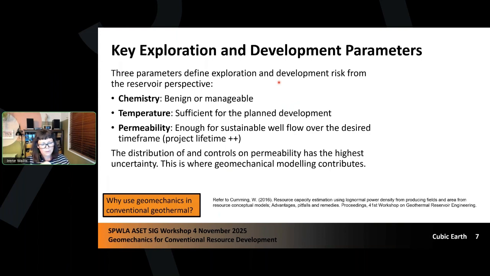So because these are dynamic systems, upflows, outflows, if you've got the permeability and you're managing the resource well through injection, you can get these really quite substantial project lifetimes. But of these risks that we're identifying and managing as we go through the resource assessment, the most difficult one to get a control on is permeability, and that's where geomechanics contributes.